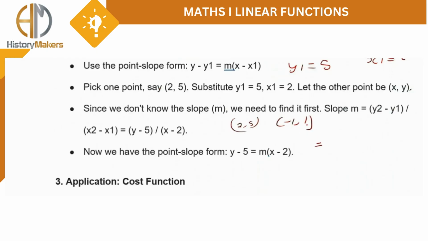So what is y? This is our y. 1 minus 5, over negative 1 minus 2, which becomes 1 minus 5 is negative 4, negative 1 minus 2 is negative 3. So this is our slope, okay?